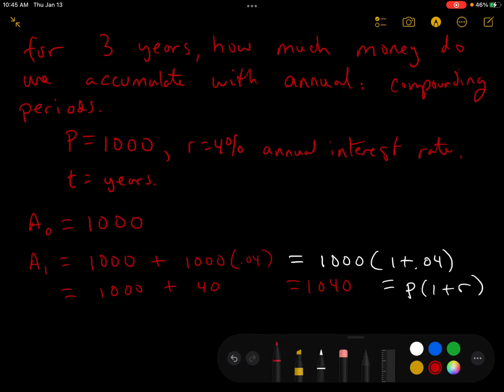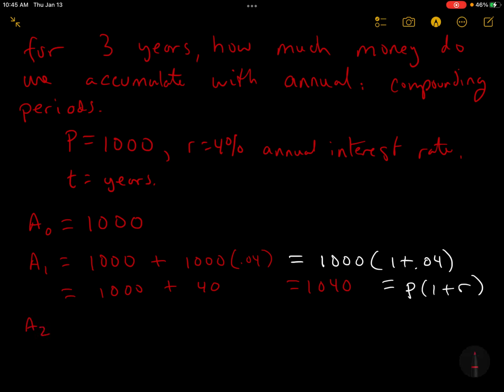All right, so now we go to year two. In year two, we take the money we had at the end of year one, which is $1,040, added to the interest, which is 1,040 times 0.04. Factor out the 1,040, and this is 1 plus 0.04.